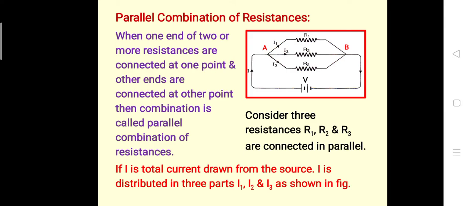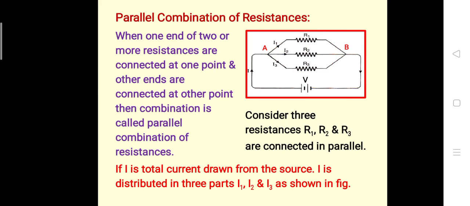As all the resistances have one end at A and the other end at B, the potential drop across all these three resistances will be the same. And I is the total current drawn from the source, which is further divided into three parts, I1, I2, I3, according to the value of resistances R1, R2 and R3.